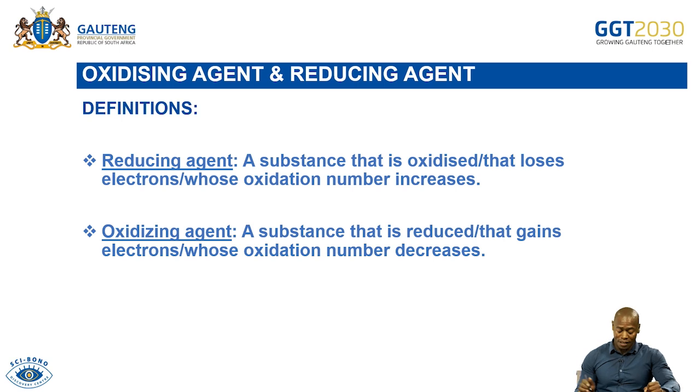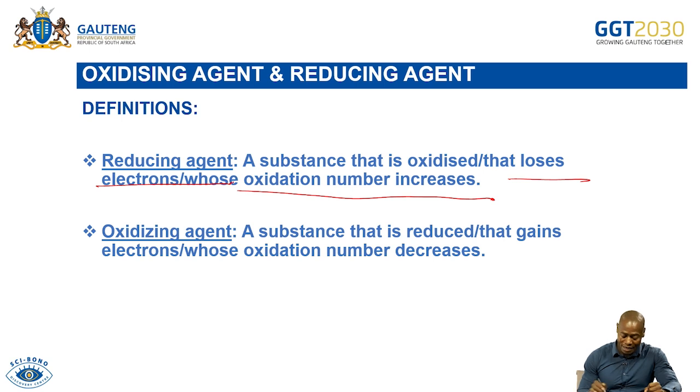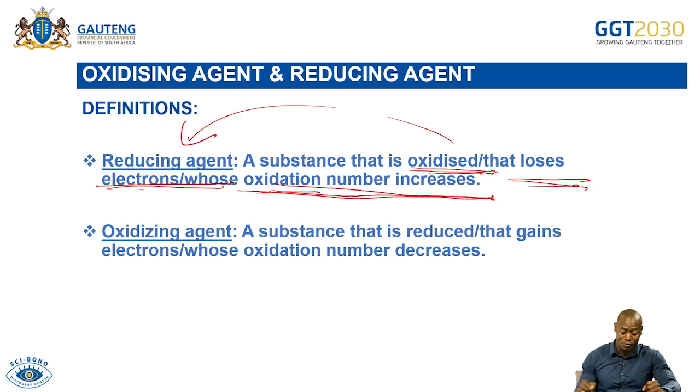If there's an increase in oxidation number, it means that the substance is losing electrons. And if the substance is losing electrons, we say the substance is being oxidized. I hope it's making sense, right? If there's an increase in oxidation number, the substance is losing electrons, and the substance that loses electrons is being oxidized. And the substance that is being oxidized is called the reducing agent.